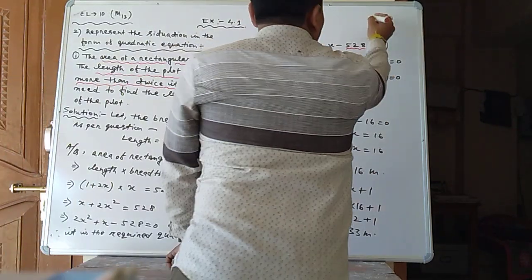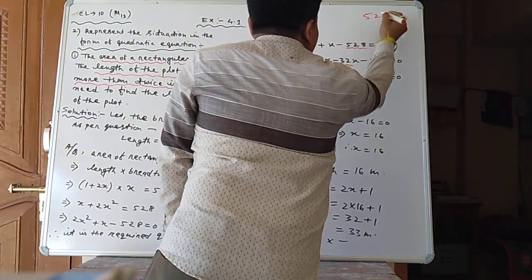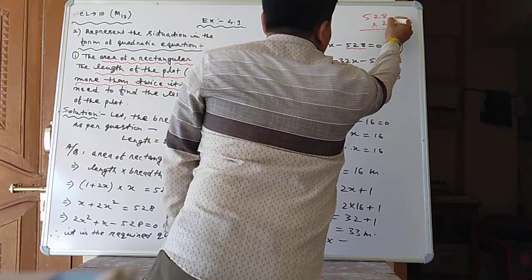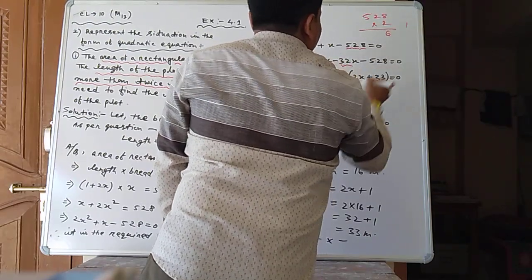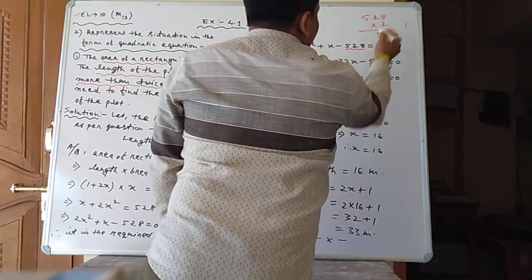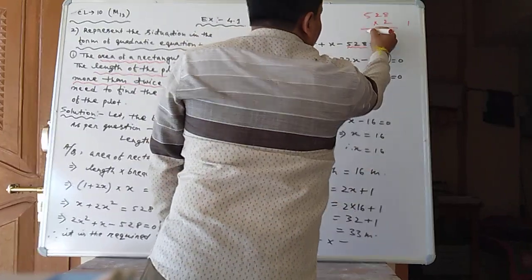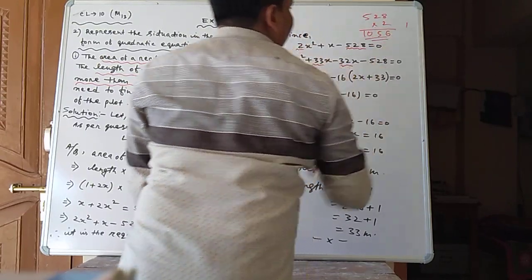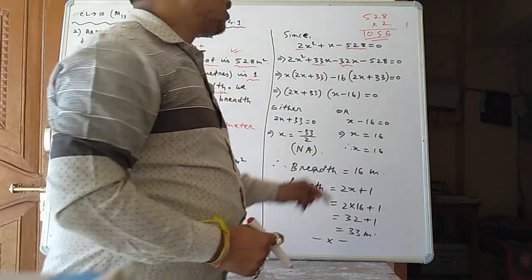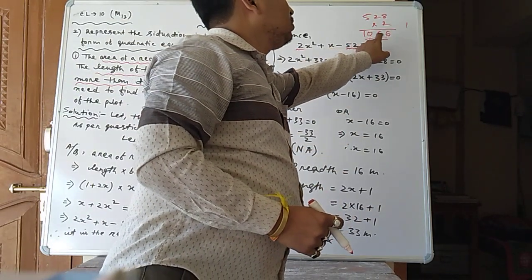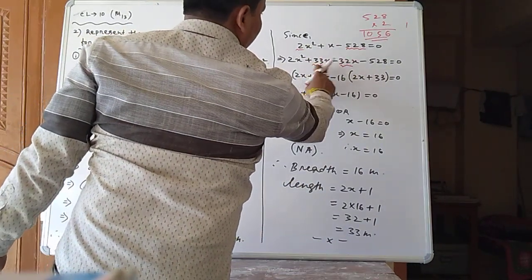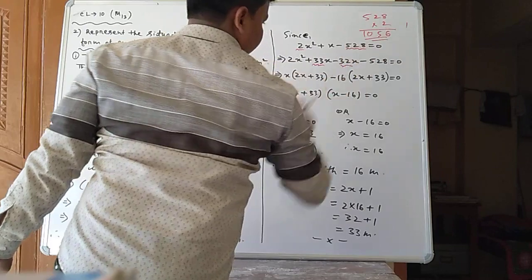So 528 into 2 equal to 1056. Now you find out the factors of 1056. So 33 and 32, these two are factors of 1056.